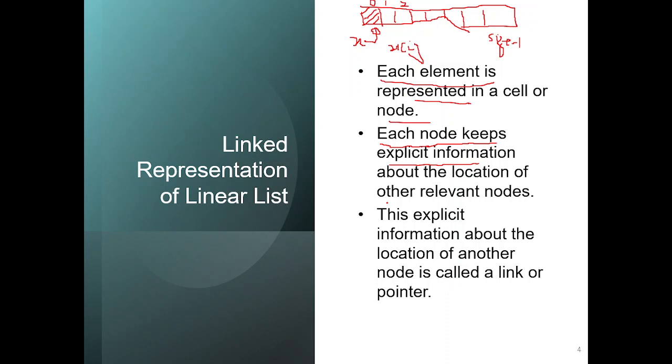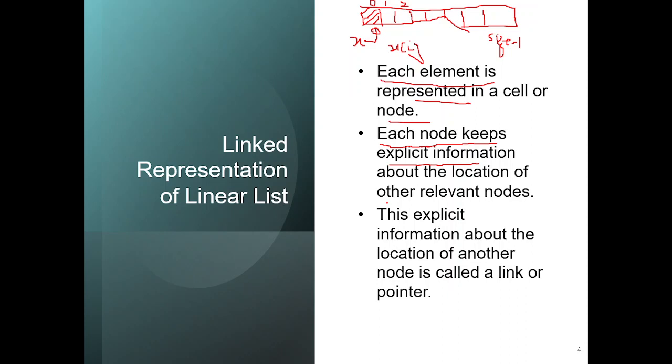These are different terms that can be used to refer to individual elements in a linked list. So we use a separate element or node to store data, and not only does the node store data, it also stores information about the next or the previous or both the next and previous nodes in that list.